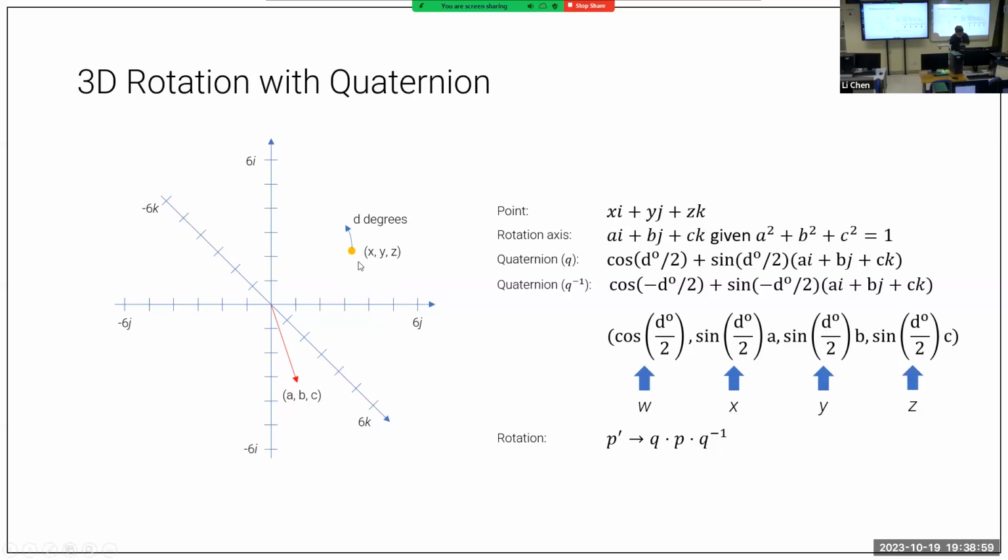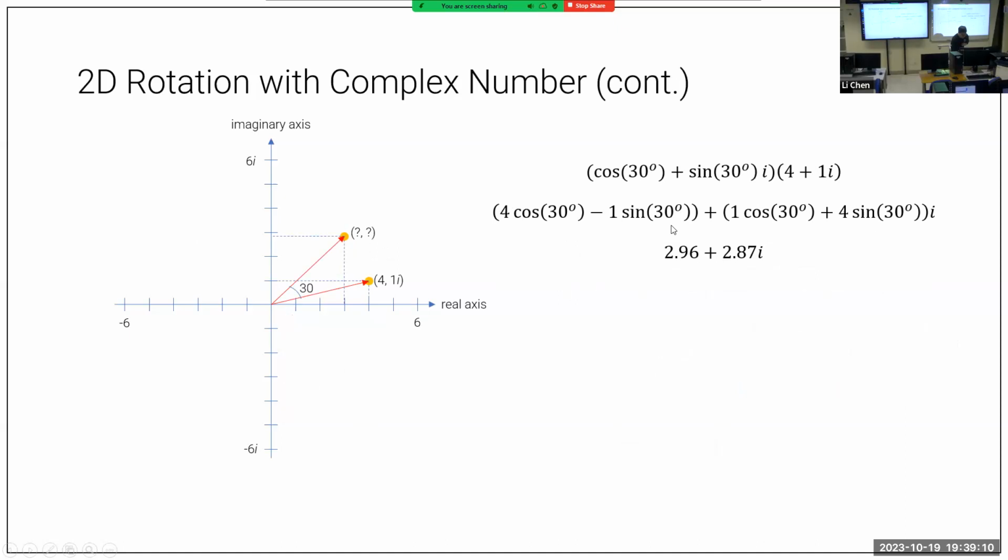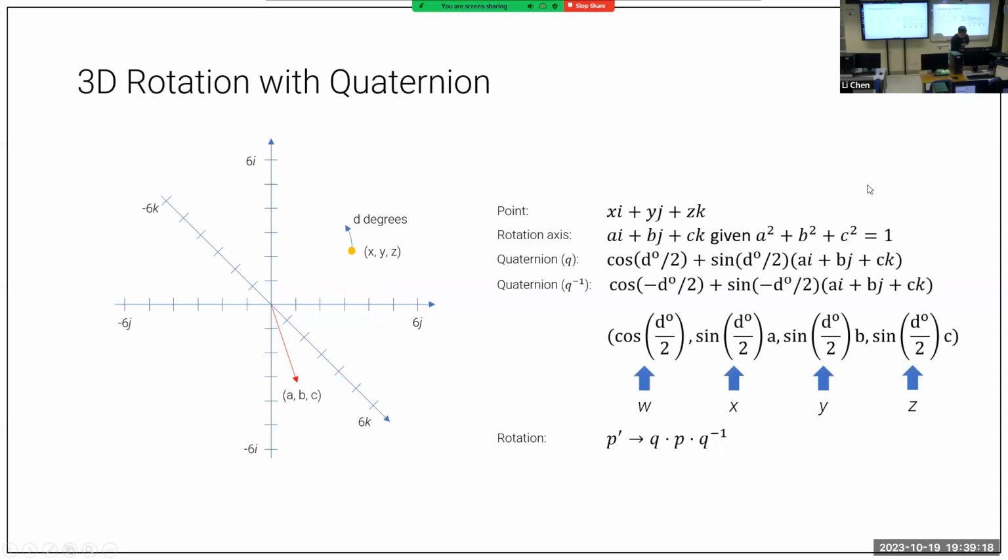If you want to rotate X, Y, Z along ABC, you can do it like this. First of all, you convert this point into this format, the same as the previous one. For example, this is 4, 1, you just make it 4 plus 1i. But in this case, this is 3D, so we have i, j and k. It can be represented as xi plus yj plus zk.